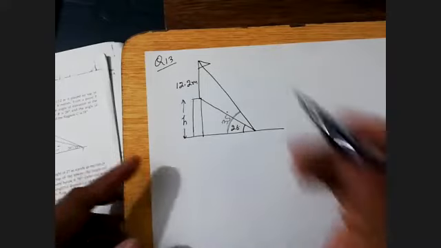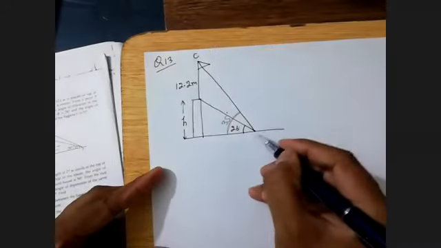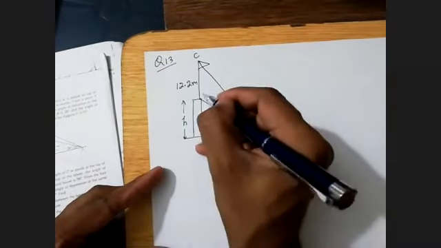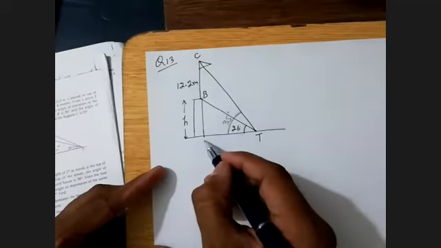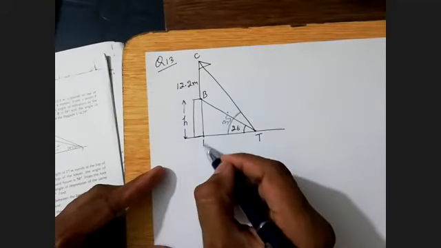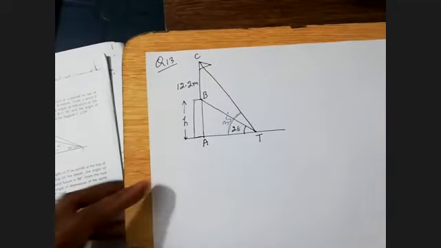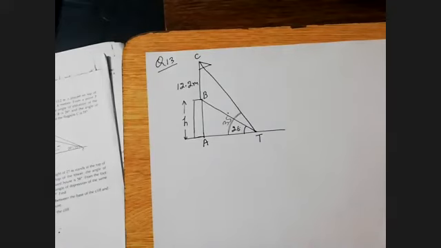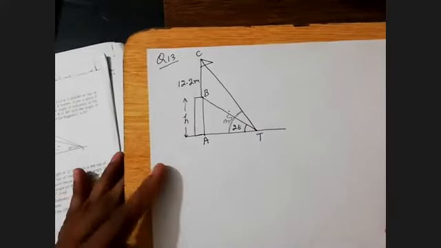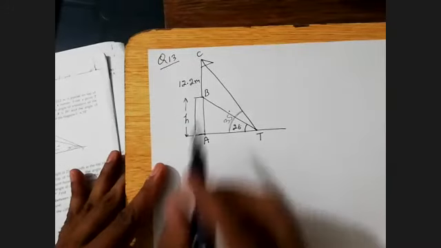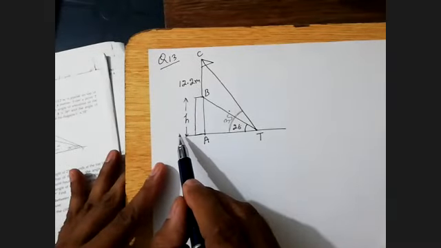Now, for the sake of convenience, I am writing the points. Here I am writing a point A on the base of the cliff, to make you understand which triangle I am going to consider. First of all, I am going to find the length.